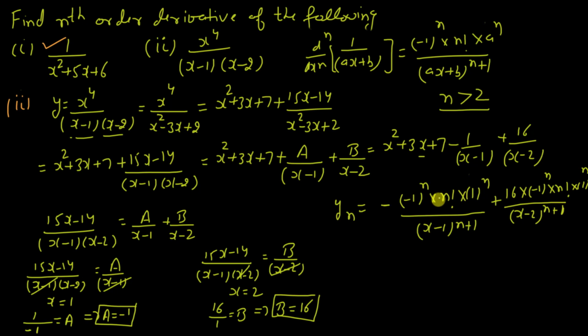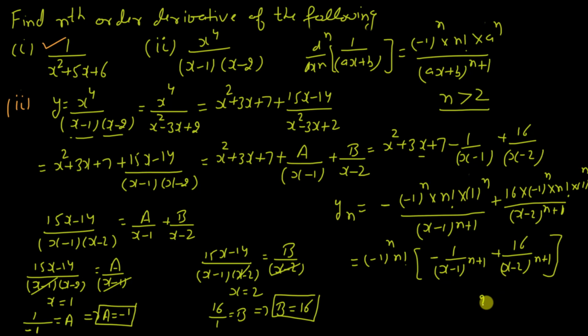Fine. So here you will take (minus 1) raised to the power n, n factorial common. So this will be minus 1 by (x minus 1) raised to the power n plus 1 plus 16 by (x minus 2) raised to the power n plus 1.